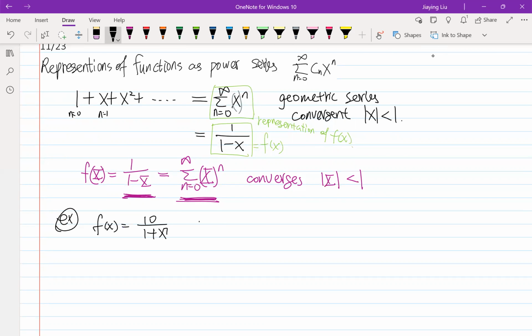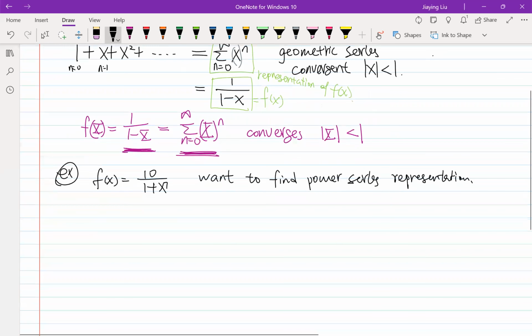This is a function, and we want to find the power series representation. We want to write it in terms of sigma, c_n coefficient, and then x to the n, or some form equivalent to that.